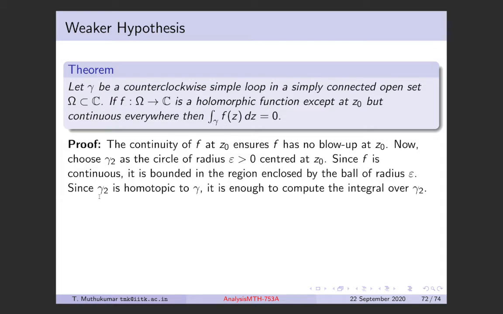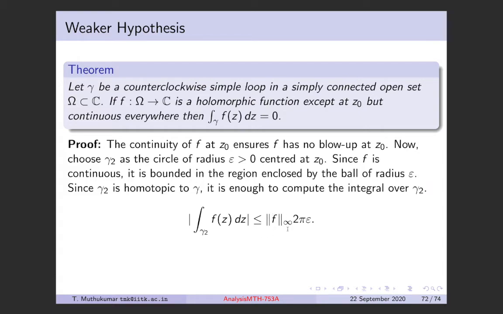So it's enough to show that the integral of f over gamma 2 is 0, by the previous theorem on homotopic curves. It's because f is bounded. So let's start with the modulus of the integral over gamma 2 of f dz. Because f is bounded, you can take the bound of f in the disk of radius epsilon. When I say norm f infinity here, it is the supremum of f in this ball.